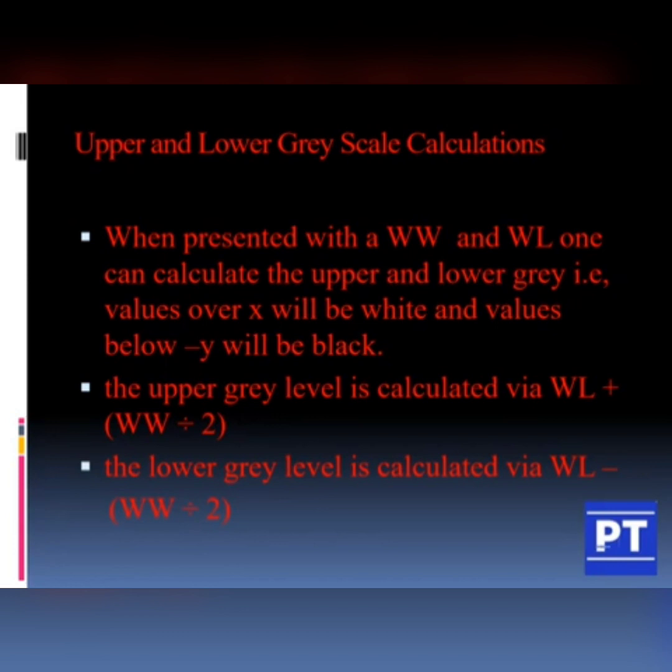The upper gray level is calculated as window level plus window width divided by 2, and the lower gray level is calculated as window level minus window width divided by 2. So with this equation you can calculate the upper and lower gray scale.